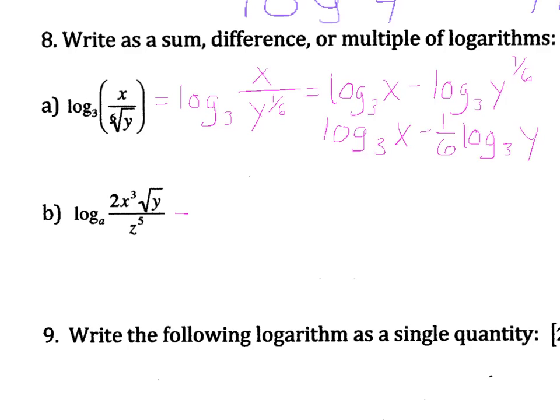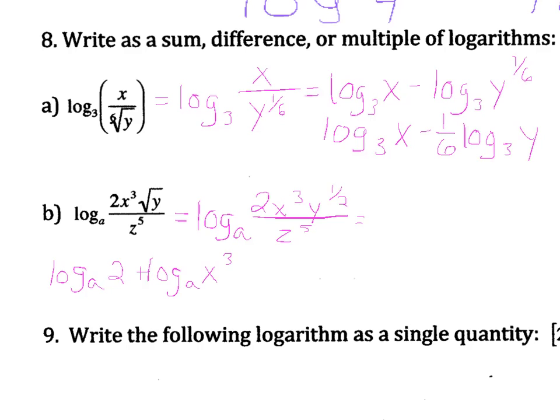So for b, we'll do the same thing. We'll first rewrite our square root of y as y to the 1/2. And then we have 3 terms in the numerator that are being multiplied together. So we want to make sure we separate those 3 terms. So we have log base A of 2 plus log base A of x cubed plus log base A of y to the 1/2.